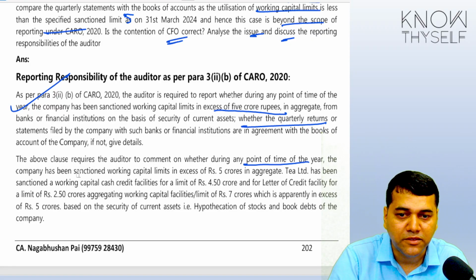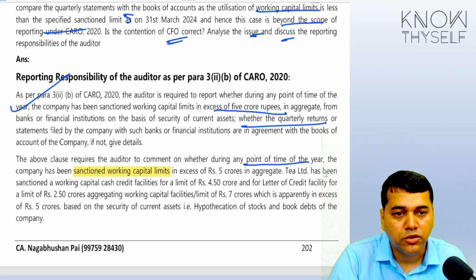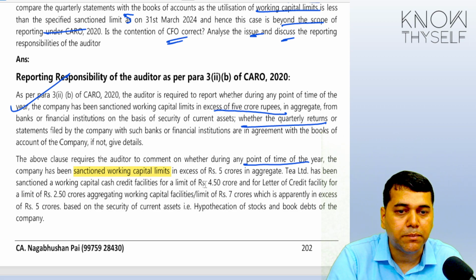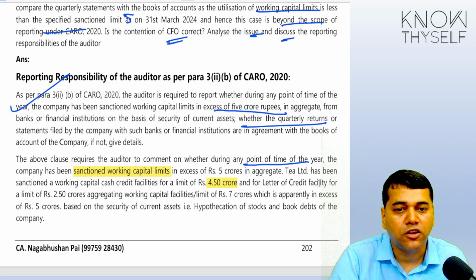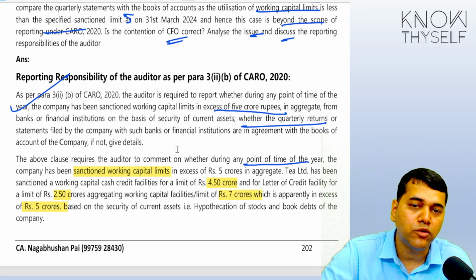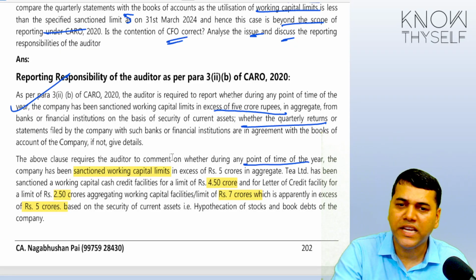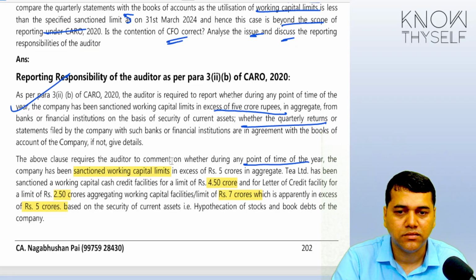Now, what has been sanctioned as the working capital limits in aggregate? Now, T Limited has been sanctioned a working capital of 4.5 and letter of credit of 2.5. So, total it comes to 7, which is in excess of 5 crore. So, it is not what you have utilized, but what has been sanctioned. Because at any point of time you could have availed it.